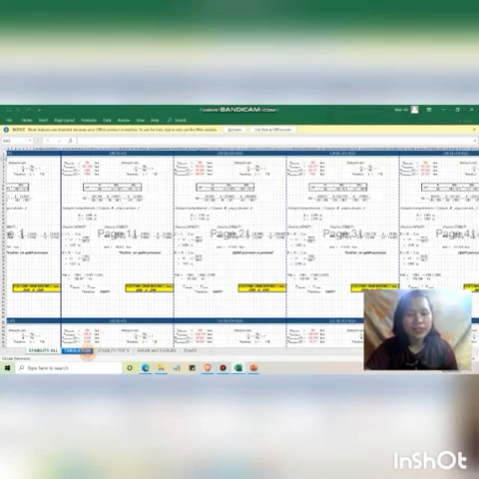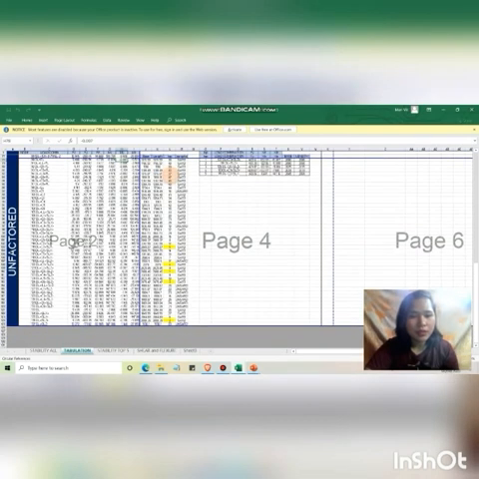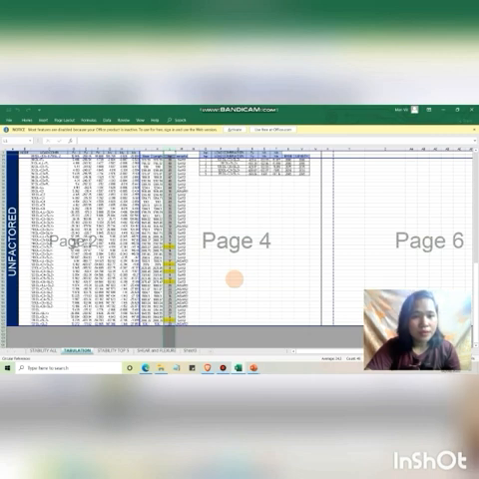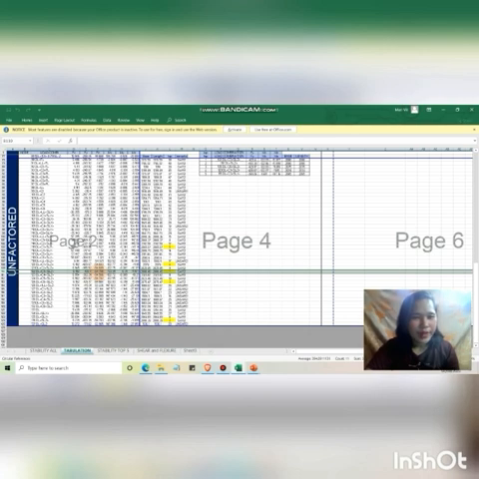Next, we will see in our tabulations and factored that it has been ranked from top 1 to top 49, I guess. So for our top 1, we have the load combination 122.